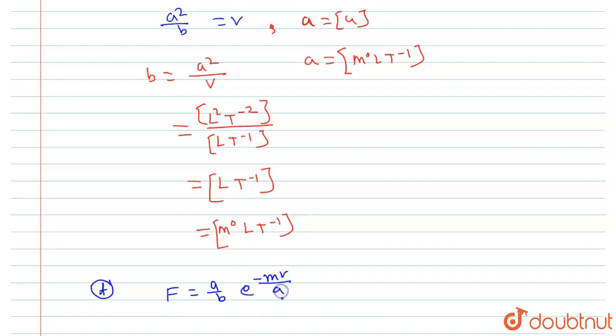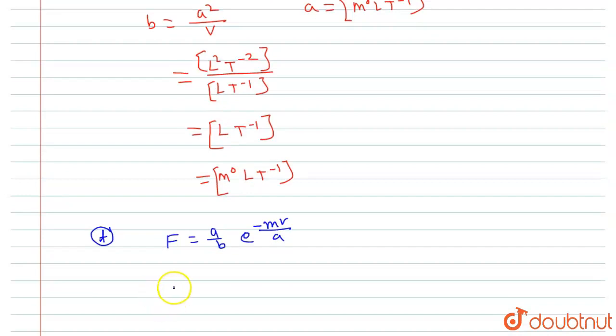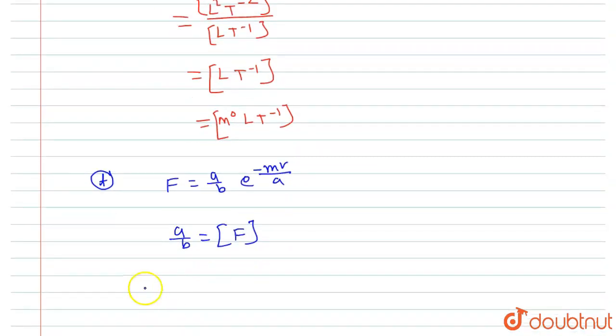Clear? So from here we can say the dimension of A by B should be equal to the dimension of the force. And the dimension of force is what? M L T minus 2. So A by B dimension should be equal to M L T minus 2.